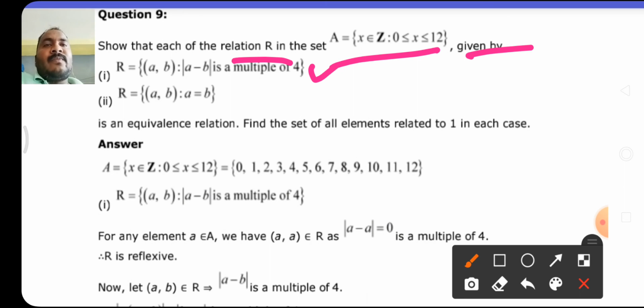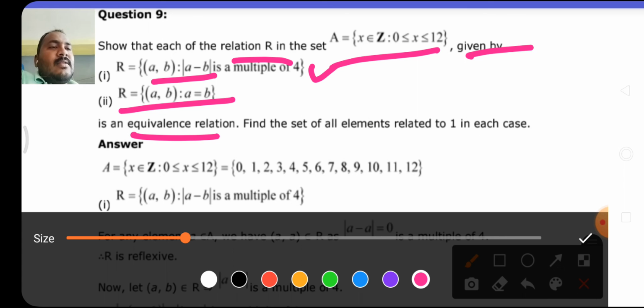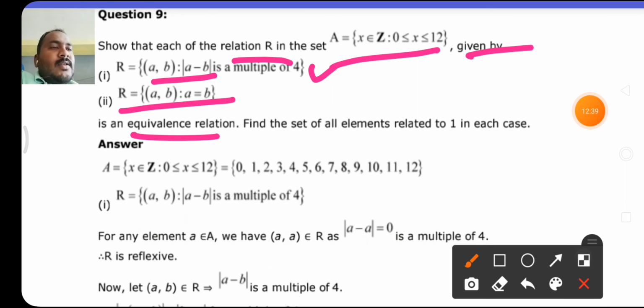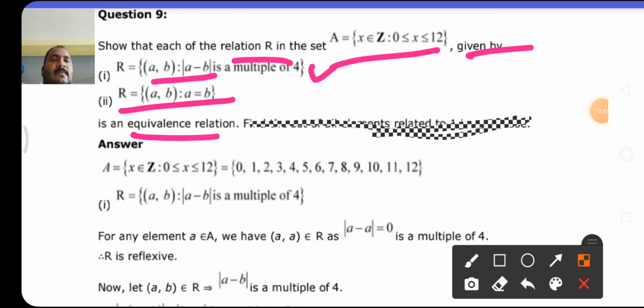First one, R = {(a, b) : |a − b| is a multiple of 4}, and second one, R = {(a, b) : a = b}.